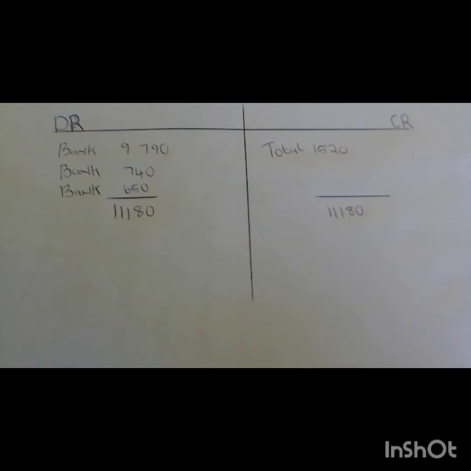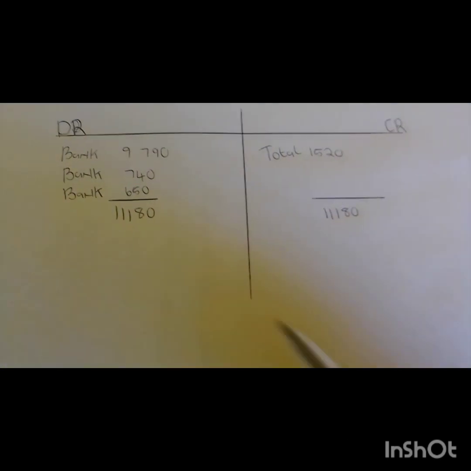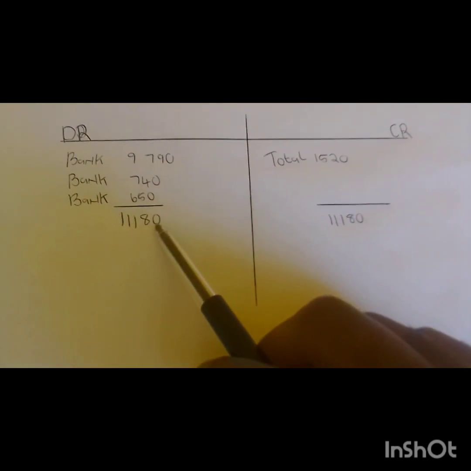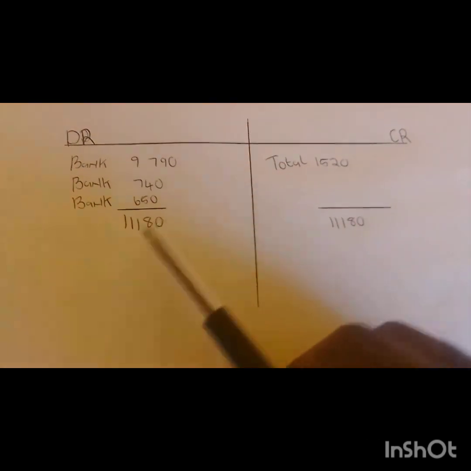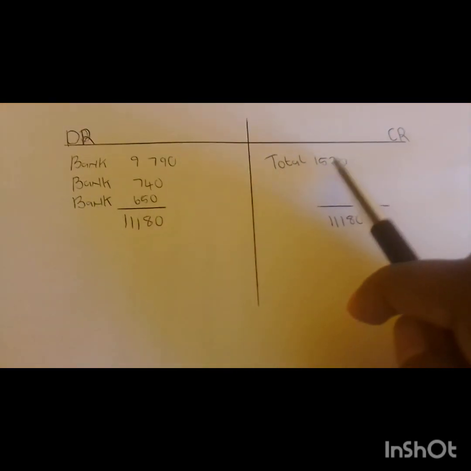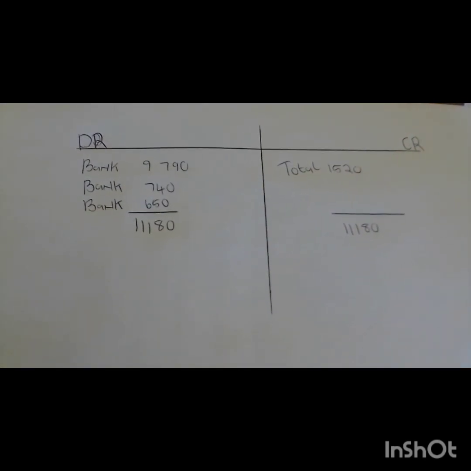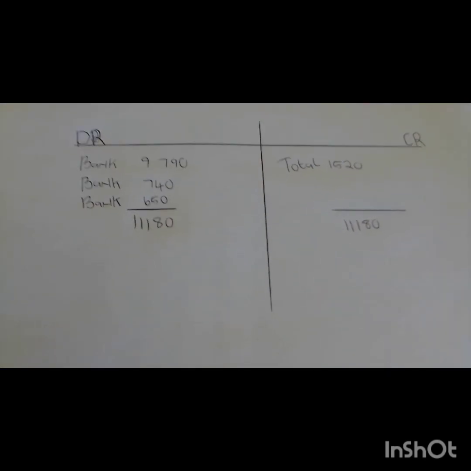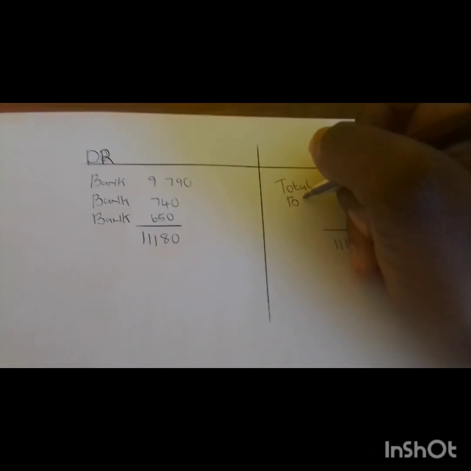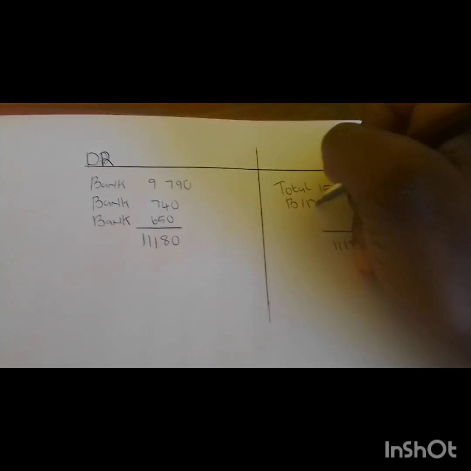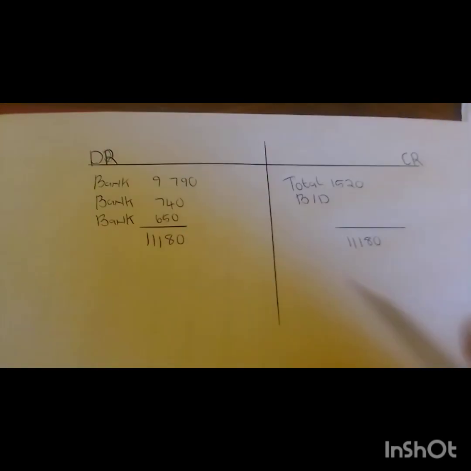But we are not finished yet. Now, you are going to take this amount and minus it with this amount. All right? After doing your calculations, what you're going to write is balance brought down. Okay? And you write the amount you got when you subtracted these 2.